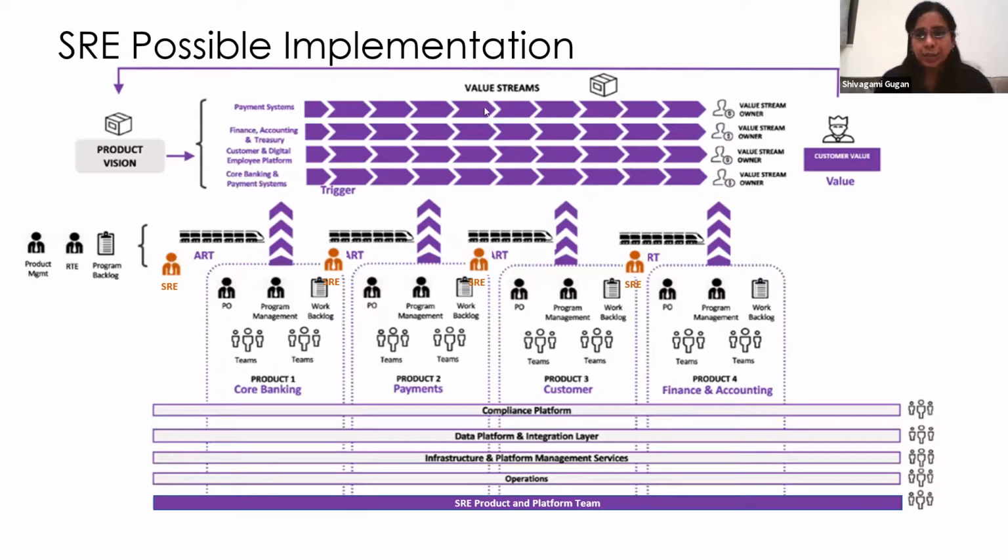This is one slide where I want to spend a minute or a couple of minutes. This is a possible implementation. You still have the SRE product and platform. I have a slide on what this platform team does, but have them, and have the umbilical cord of the SREs to that. But the SREs are embedded into the products, and these products are part of a value stream. So they will ensure the transformation of that particular product.